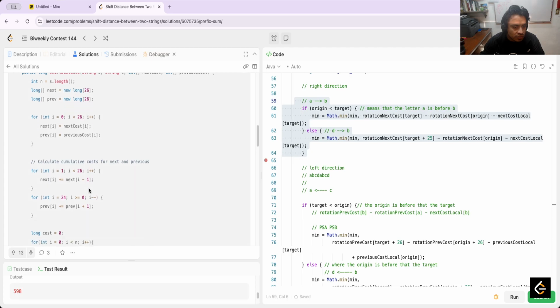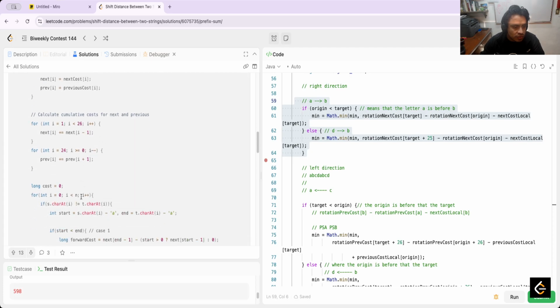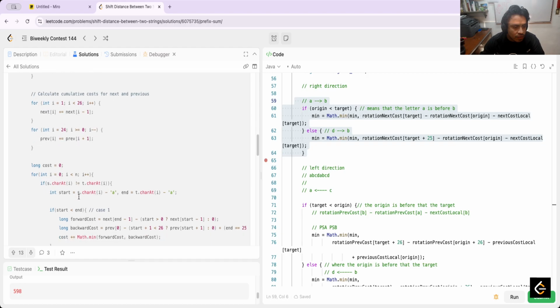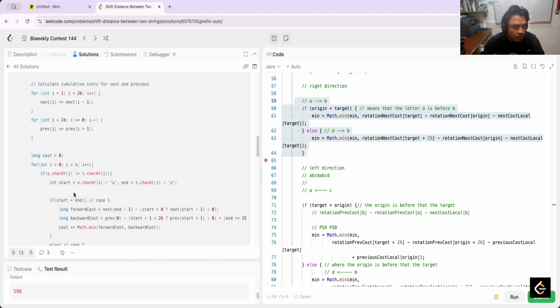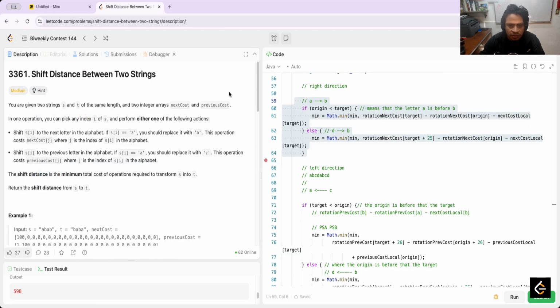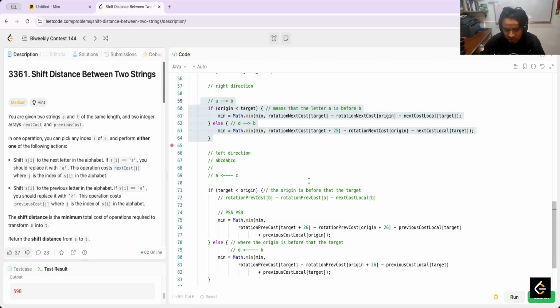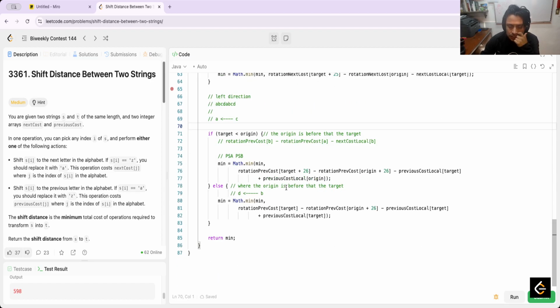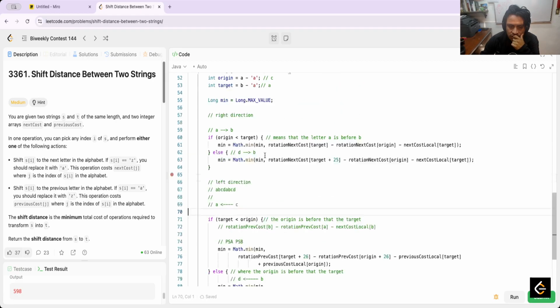Codes for the next and previous. We have two cases. Okay, I think that we are in the right direction. Where the origin is before the target, it means that the letter A is before B and we need to only reach the target.